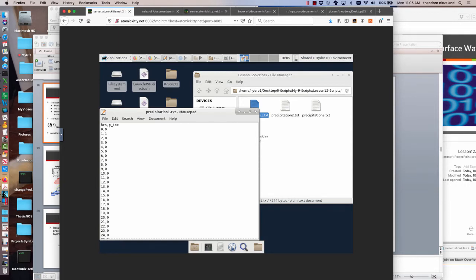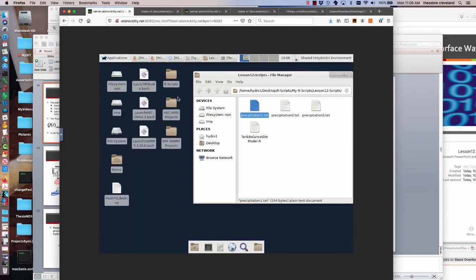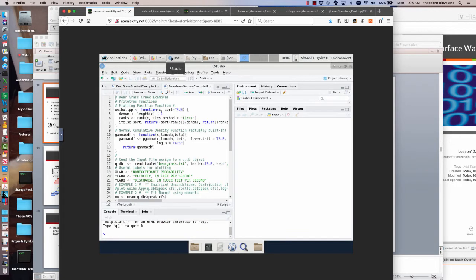It's in 2 columns, hours and precip, and so there's 1 inch, I'm using units of inches, 1 inch in hour 1, and then everything else should be 0. And let's go ahead and run the simulation. It's odd.